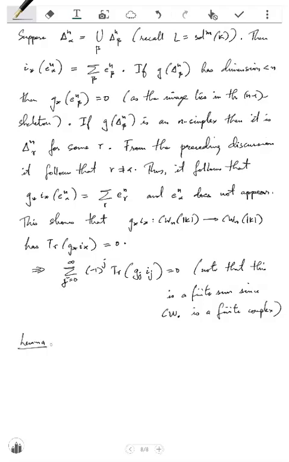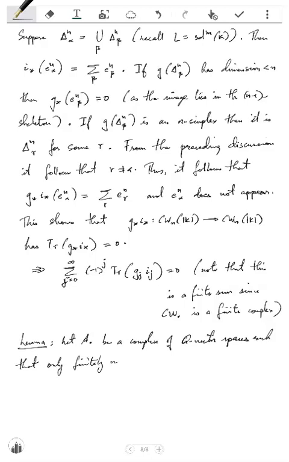So let's prove a lemma. Let A dot be a complex of Q vector spaces such that only finitely many An's are not 0.